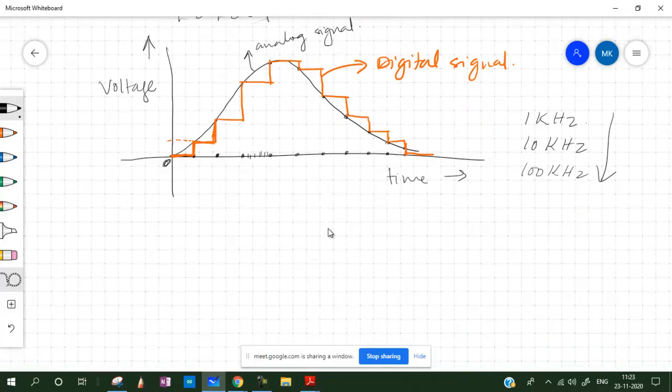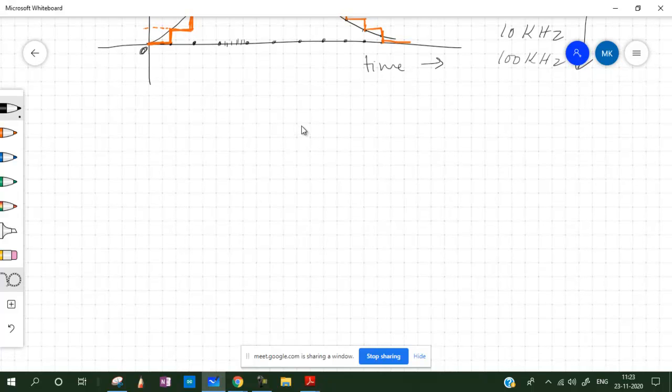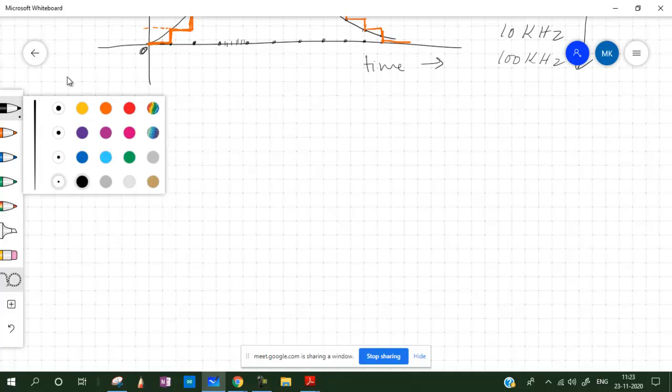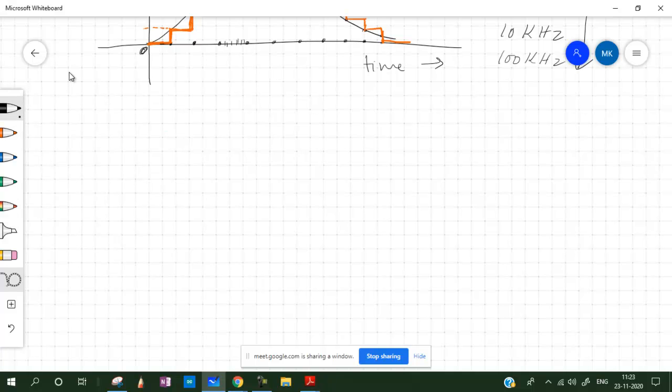How do we do this? We have data acquisition software or data acquisition devices that are now generally available in the market. Those do this for us automatically, converting an analog signal to a digital signal and digital to analog.